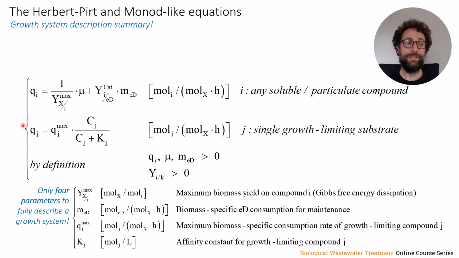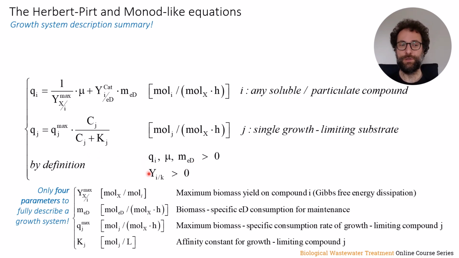We also learned that there is one growth limiting compound, the one that, looking at the stoichiometry of the reaction, is limiting, so it's present in relatively low concentrations compared to the requirements for growth and the other compounds. The rate of consumption of this growth limiting compound is a function of the actual concentration, the Q max that finally we were able to estimate, and the K, which is the affinity constant.